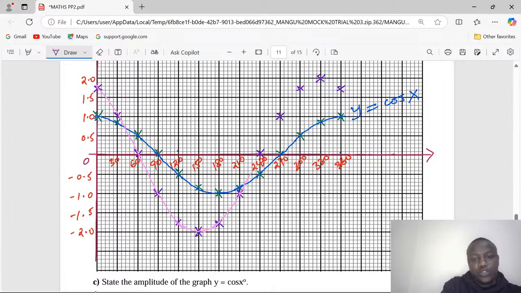So these are my two smooth curves on the same axis. And with the two smooth curves now, we can proceed to answer a few questions.